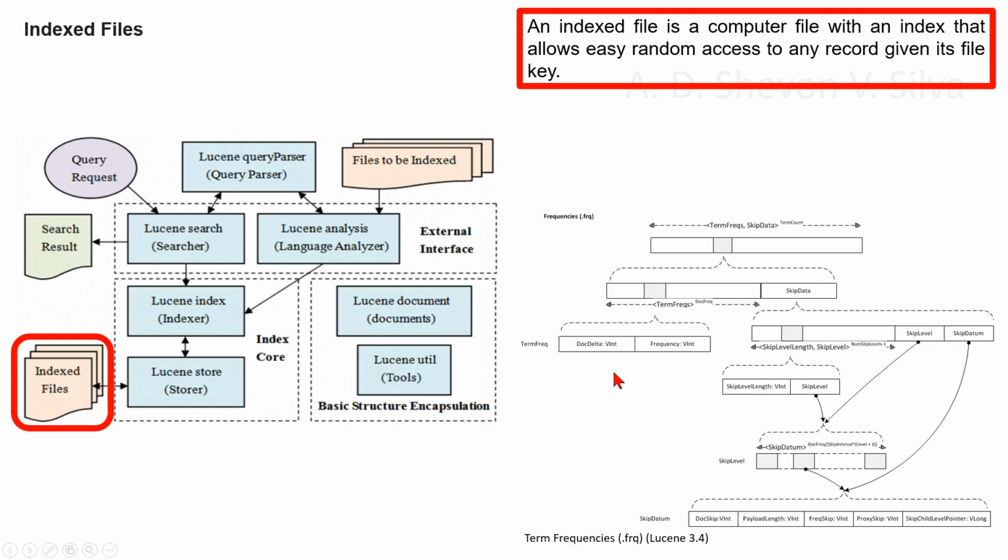So we shift left by 1, and the real frequency equals 3. So to get the sequence: doc delta equals 15, doc delta equals 8, freq 3, namely the sequence 15, 8, 3.